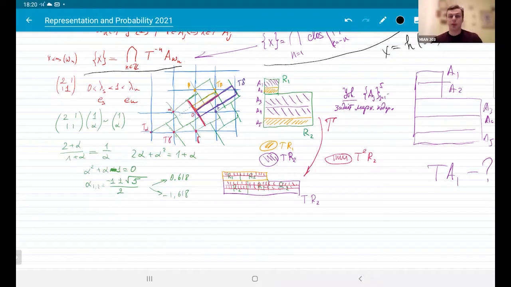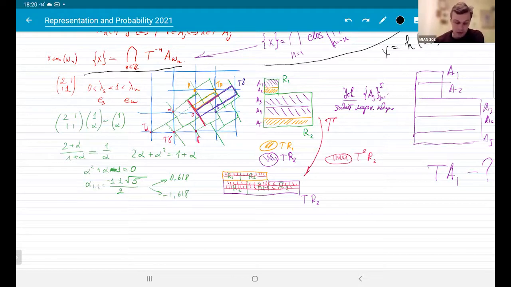Our first attempt was to construct the decomposition of a torus into two rectangles. In fact, in this case, you can even think that they are squares. So this is this decomposition, and here I have drawn how the images of these rectangles will lie inside this R2.